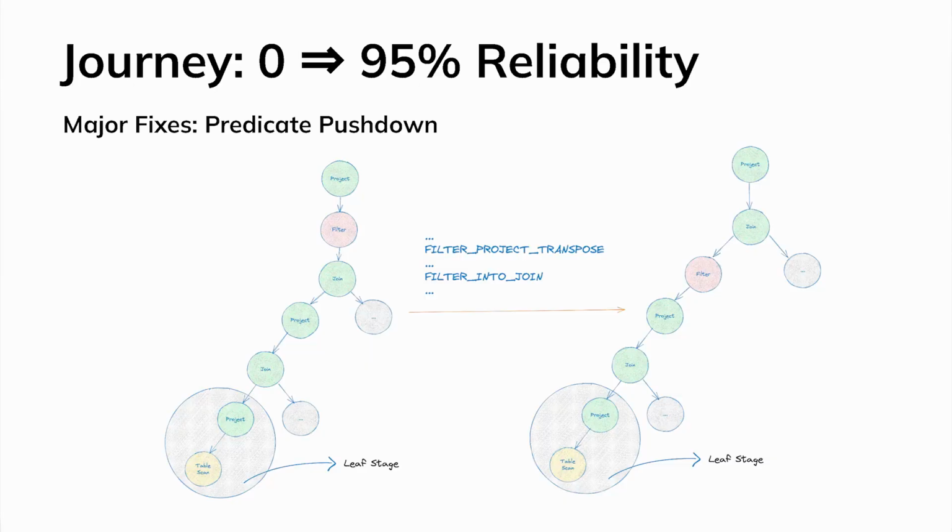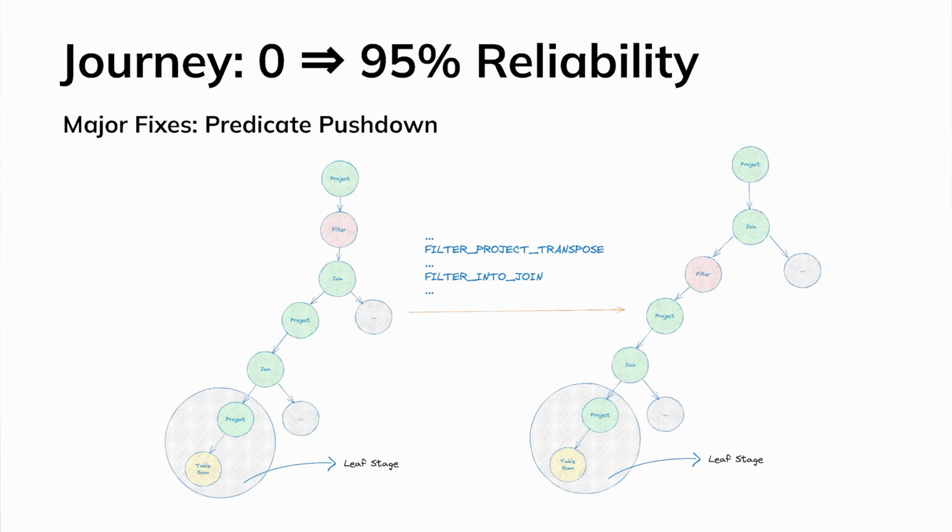What we needed to do was give all these rules in a rule collection so that they are run in a single instruction. Because if you run each rule as a separate instruction, let's say your filter project transpose rule is first, which swaps the filter and project nodes, so it pushes a filter node past a project node. And your filter into join comes after that, so it pushes the filter past the join.